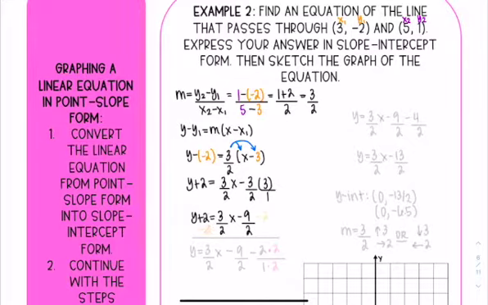And then the last step is let's go ahead and subtract 2 from both sides. And so we have y equals 3/2 x minus 9 over 2.